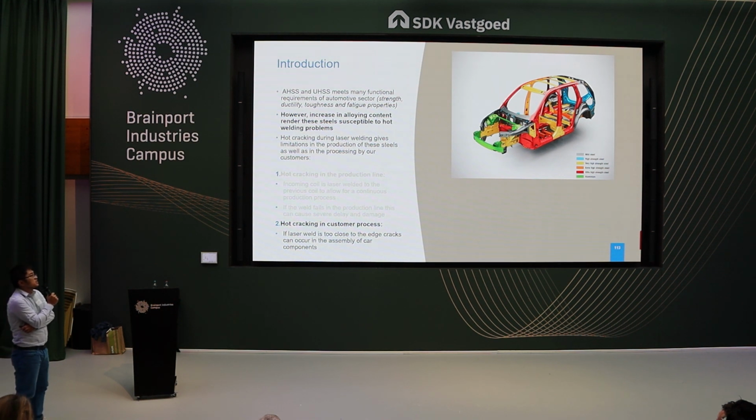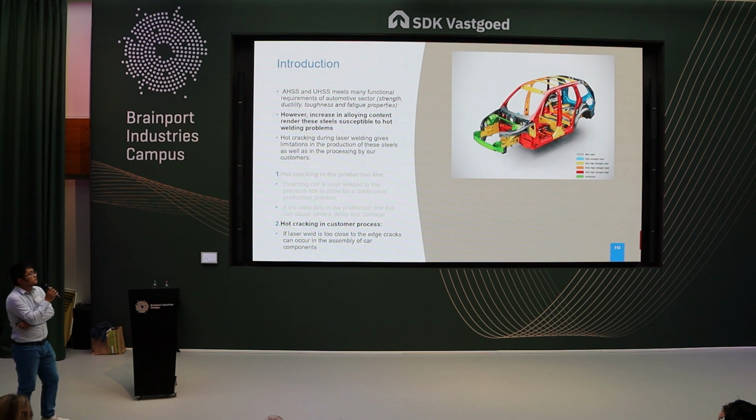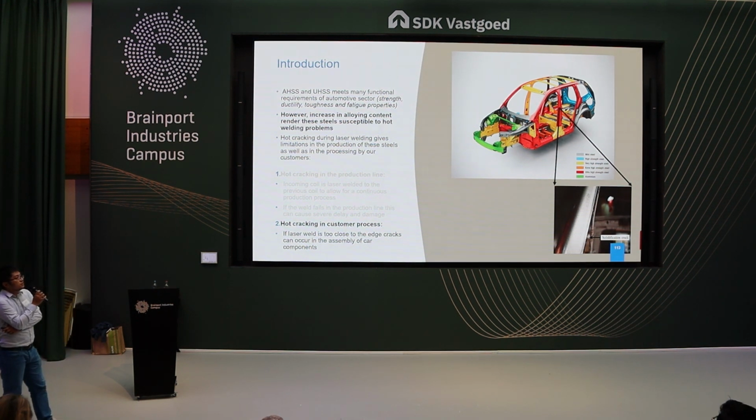And this is the second example from our customer. On the right-hand side, you see an image. This is a very well-known body in white car frame. You see different colors, so different steel grades are used at different locations for different purposes, particularly for the pillars, where we need high-strength steel to guarantee impact resistance.